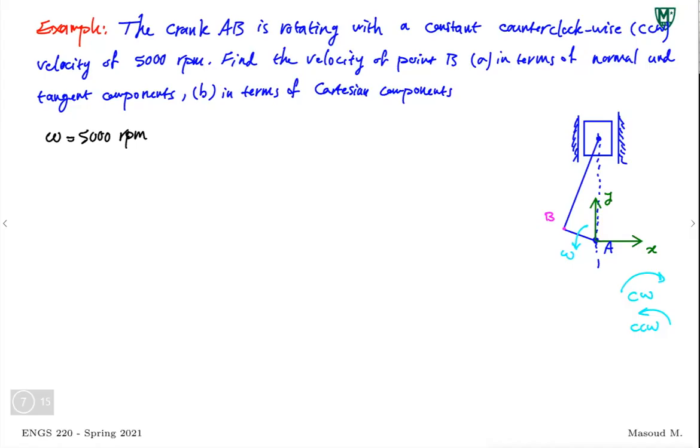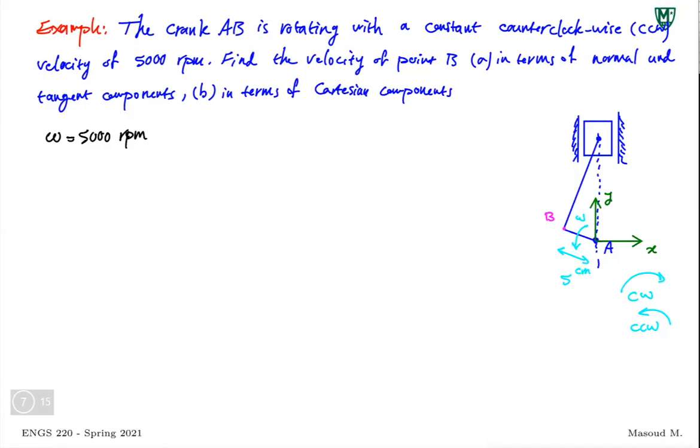That is given, and I have to add that to the problem statement. I drew it in a way that I'm stuck and don't have enough space there, so we'll put omega there. And this length is 5 cm.